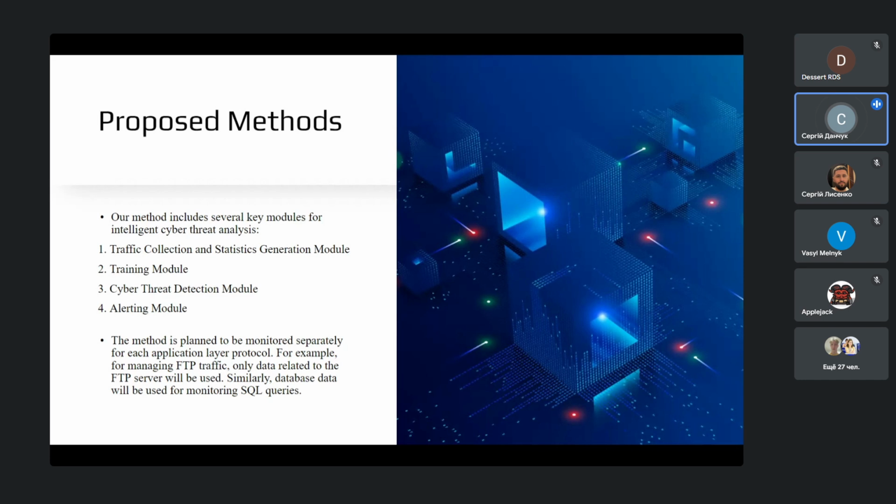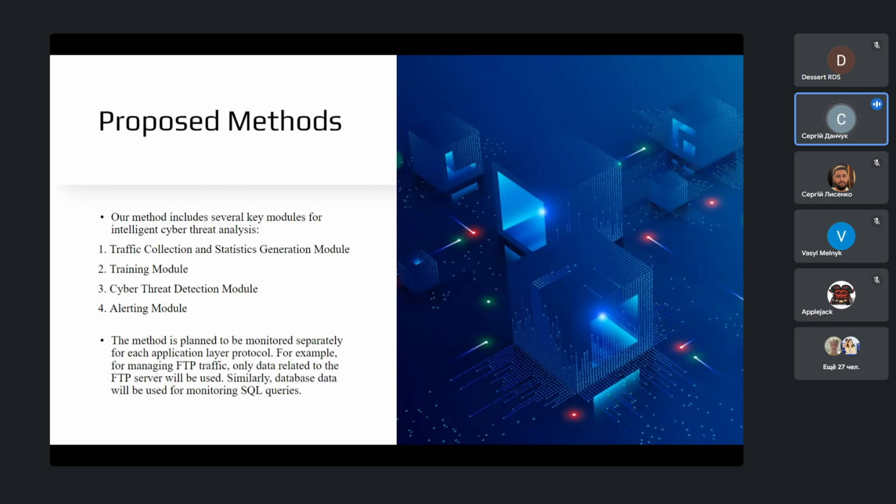Proposed method. Our method includes several key models for intelligent cyber threat analysis: traffic collection and statistics generation model, training model, cyber threat detection model, alerting model.